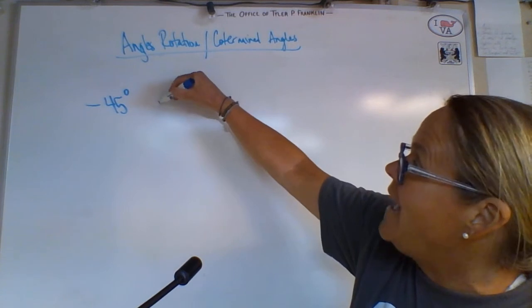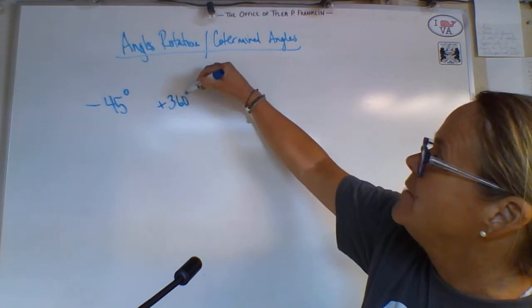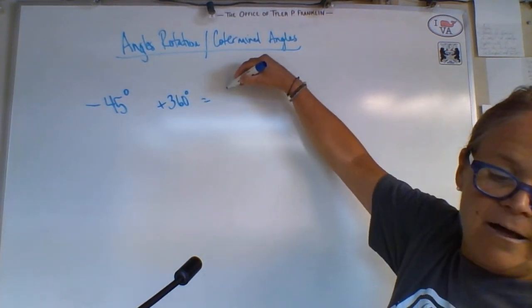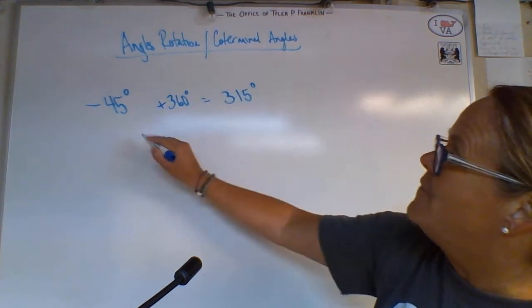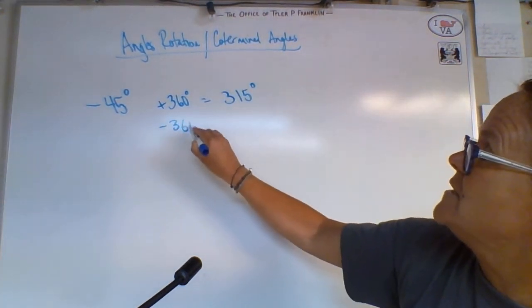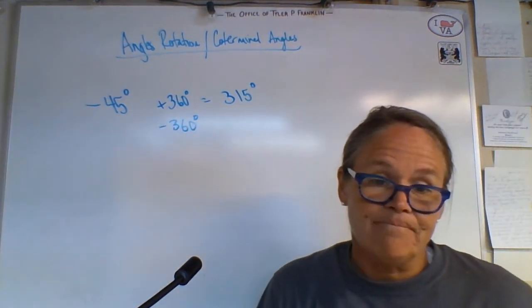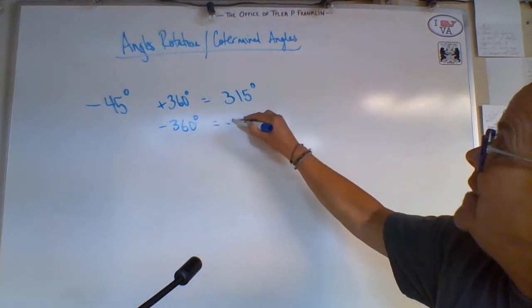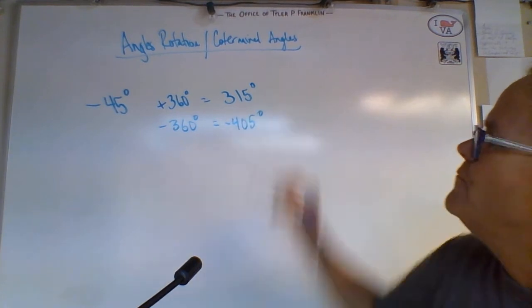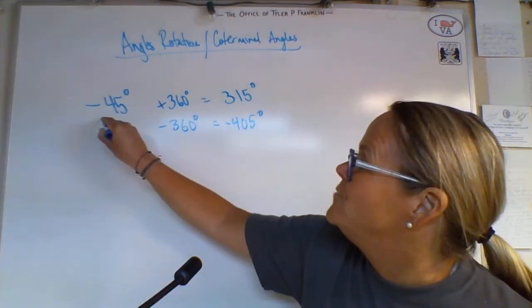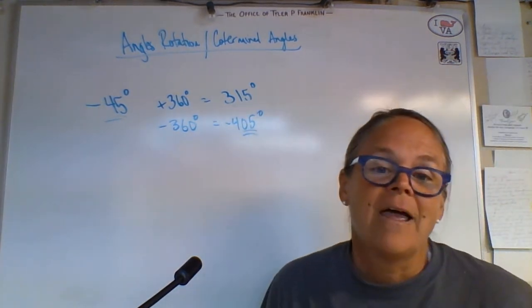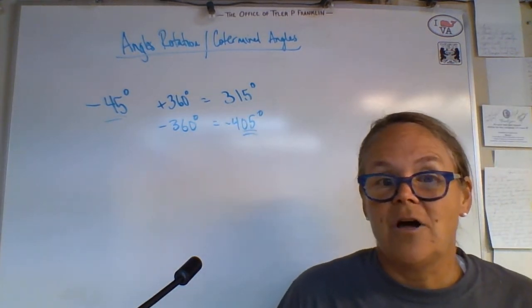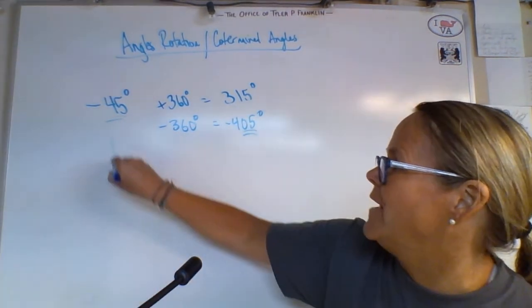If I add 360 to that, I get 315. If I subtract 360 from that, I get negative 405. If I drew that angle, and that angle, they would all start and stop in the same place.